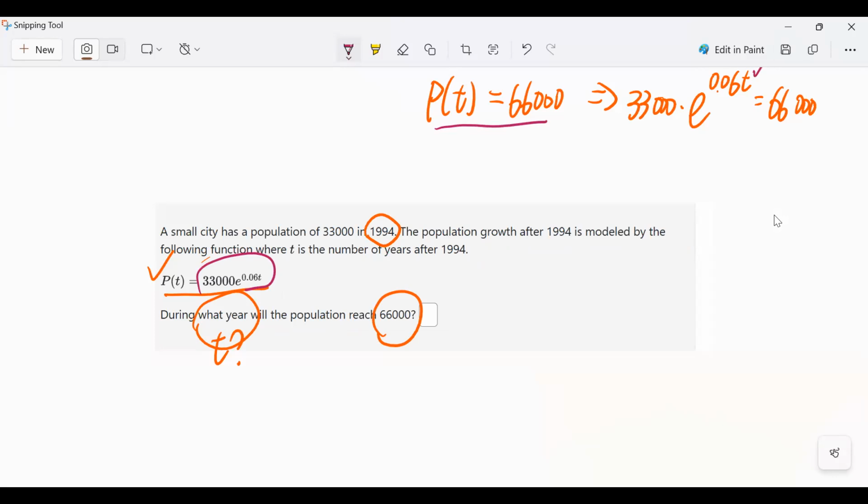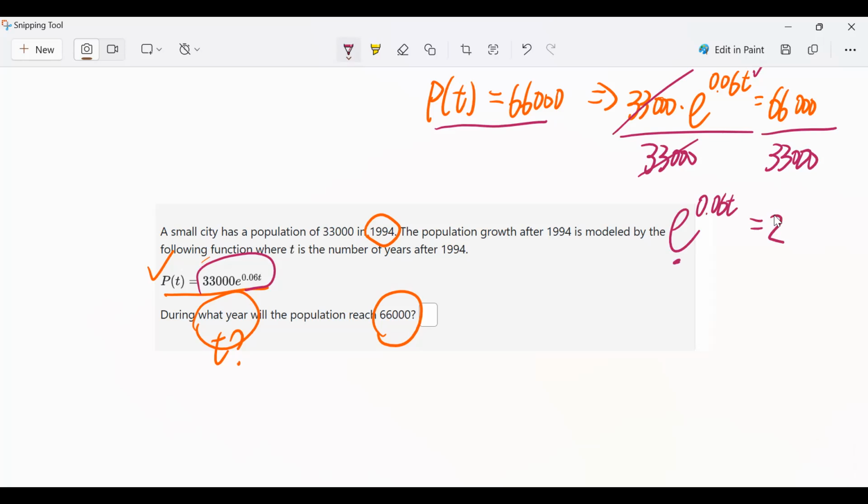In order to solve for t, first of all, you divide both sides of the equation by 33,000. And then e to the 0.06t equals 2. Now you're going to take the ln because it's base e, right?